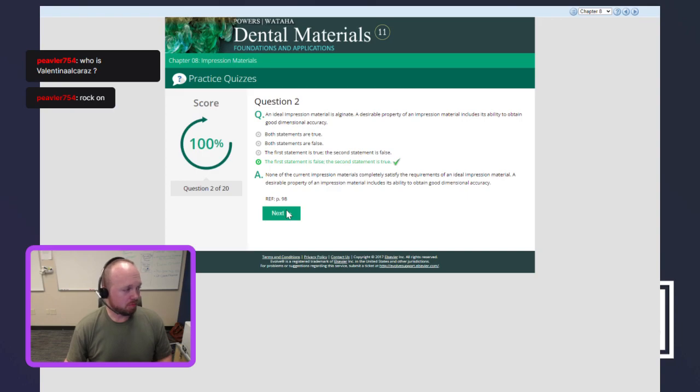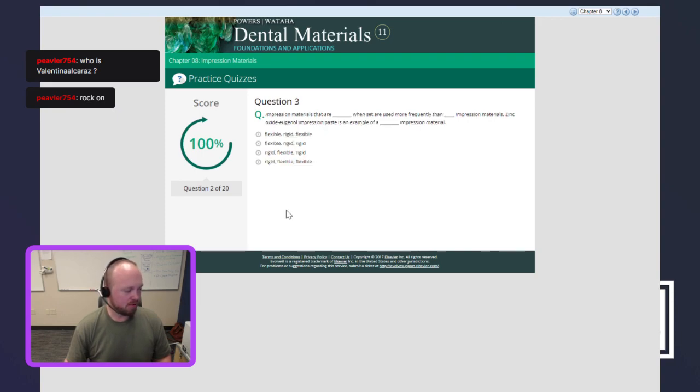Impression materials that are flexible when set are used more frequently than rigid impression materials.